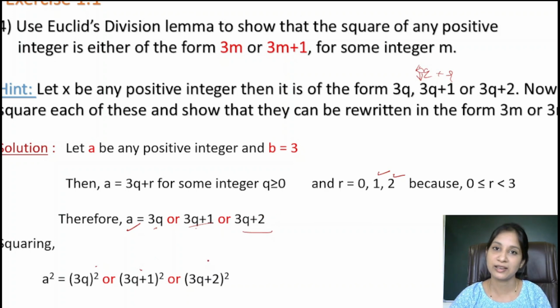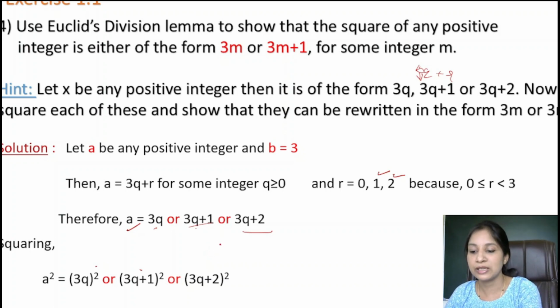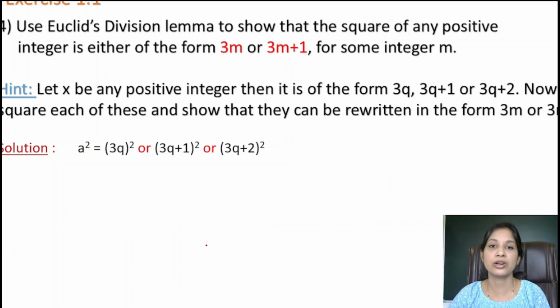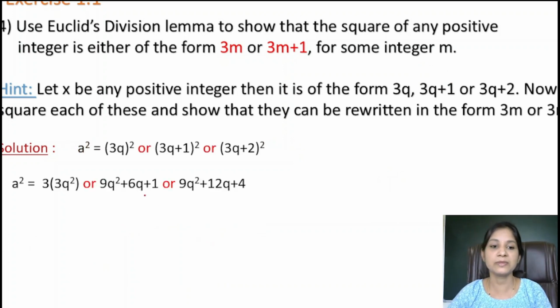We know the square of a plus b, right? The formula is a square plus 2ab plus b square. We use the same formula in order to solve this problem. We will get 3q the whole square is nothing but 9q square. But if I take 3 common from that 9q square, I can write 3 into 3q square.